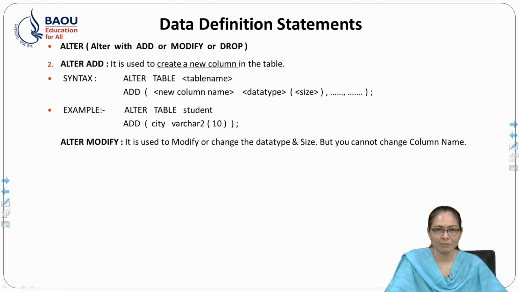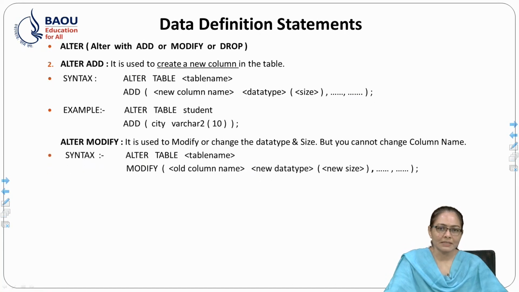Now the alter modify command is used to modify or change the data type and size, but you cannot change the column name. The syntax of this command is alter table, table name, then modify. Here we use modify instead of add because we want to change the data type and size.